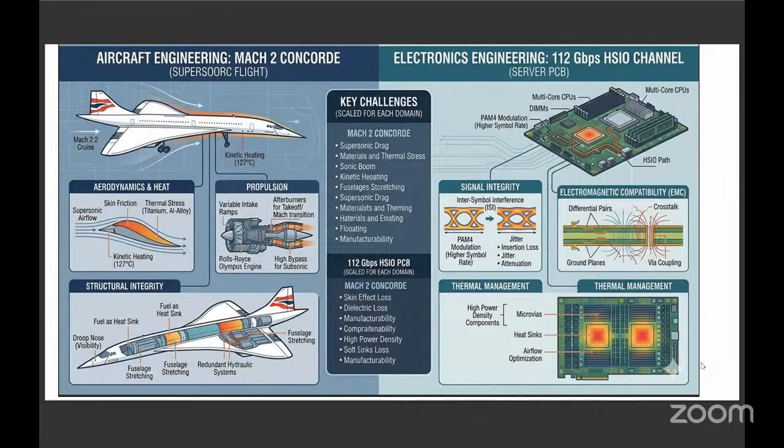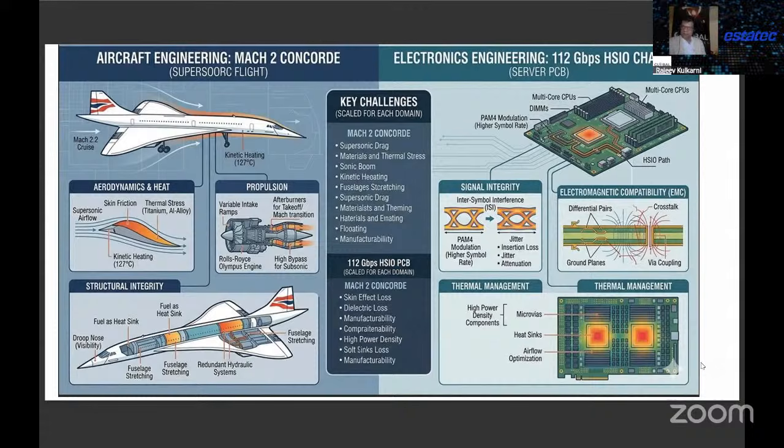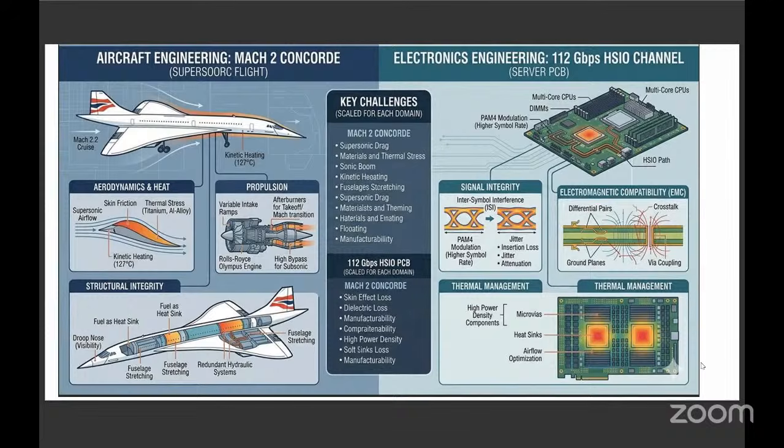In 2012, one book was written on how to do high-speed layouts by Ralph Morrison, a good Motorola veteran. He wrote a book called Mach 1 Gigahertz. What he mentioned is that to do 1 gigahertz of data transfer on a PCB, the challenge is like building a Concorde plane.